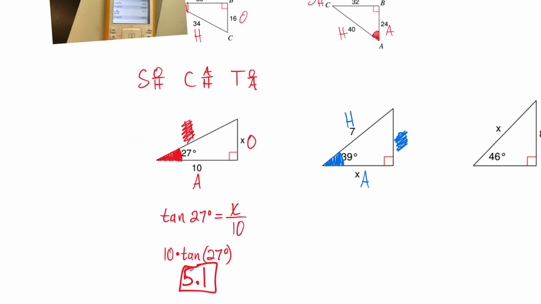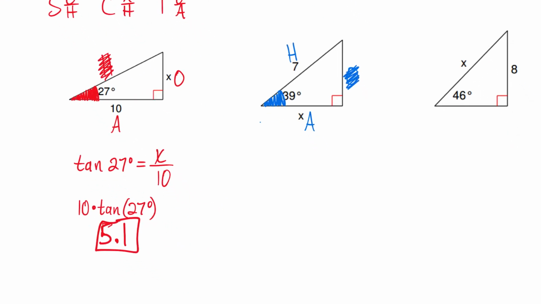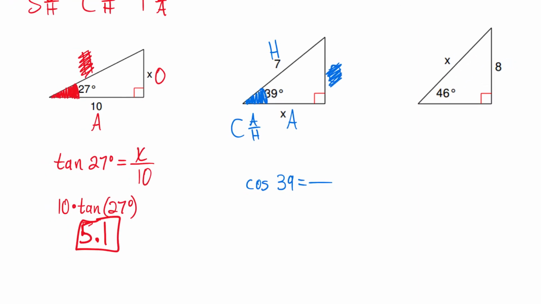So now, A and H are what I'm using on this one. So as I look up there at my 3, SOH CAH TOA, which one has A and H? The C, which means what? Cosine. Good. So on this one, yes, I'm using my cosine function. This is CAH. So I'm going to go cosine of 39 equals, how long is the adjacent? X over how long is the hypotenuse? 7. Now since the X is on top, do I multiply or divide? I'm going to multiply.